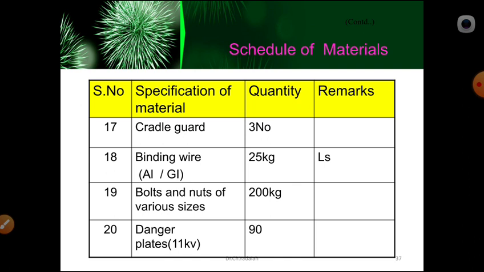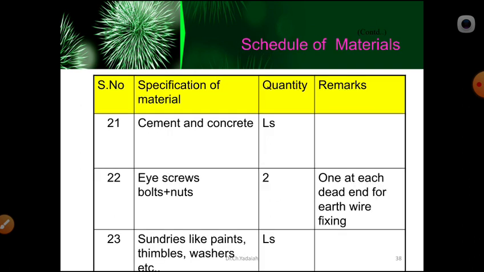It depends on whether the line is crossing a road, a telephone line, LT lines, or a train route. Based on this we use the cradle guard, and binding wire also for binding purposes, and bolts and nuts of various sizes, nearly 200 kgs, and danger plates, one for each of the 90 poles.